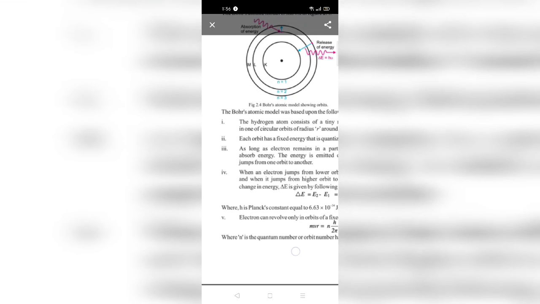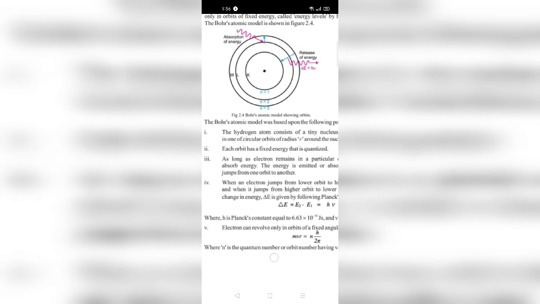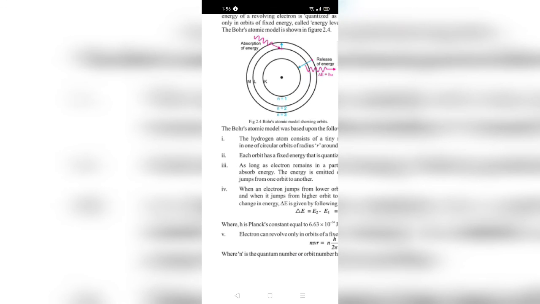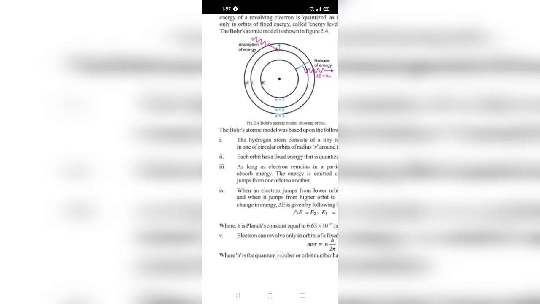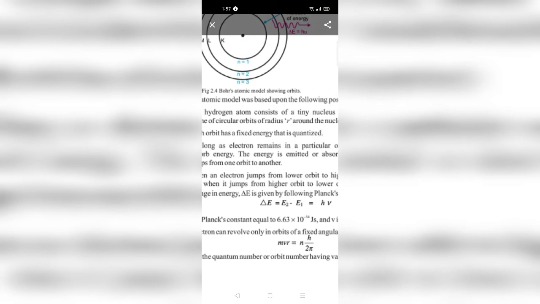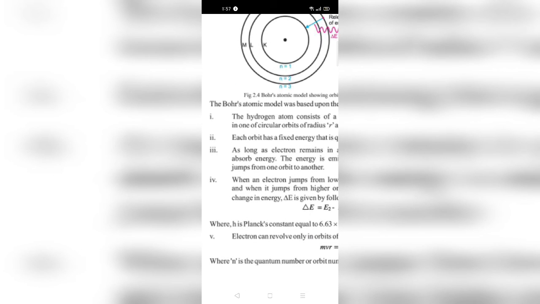So when an electron moves from a low energy level, for example n1, to a higher energy level, it absorbs energy, because it contains less energy and needs to absorb energy to become equal to the next level, n2. And electrons radiate energy when they move from higher energy to low energy, because at a higher energy they have more energy and they will lose energy and become equal to the lower energy level which they jump to.